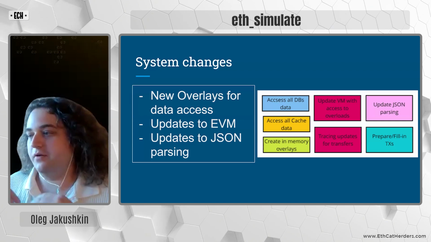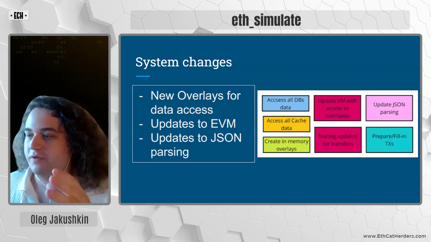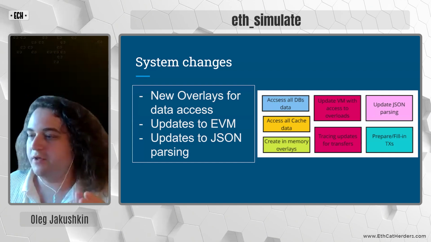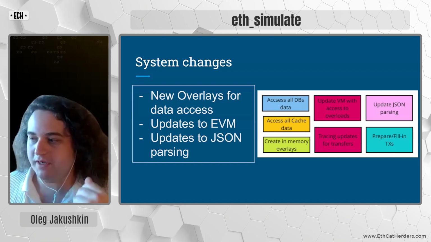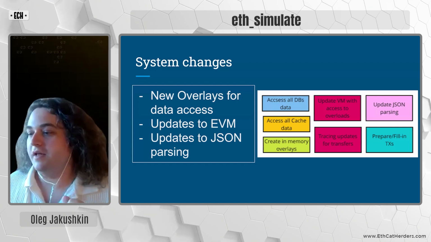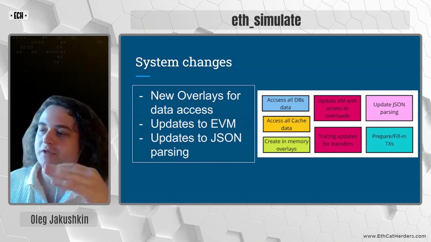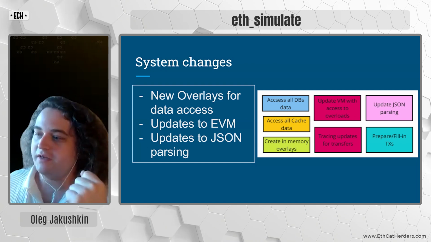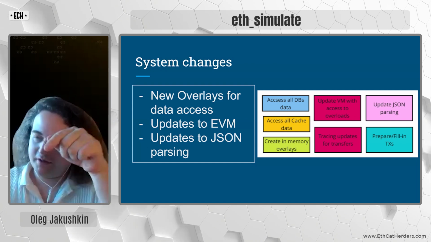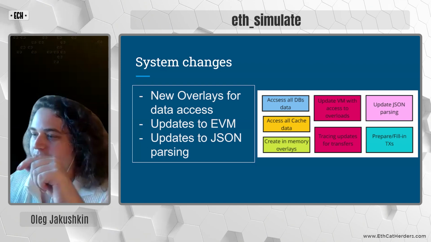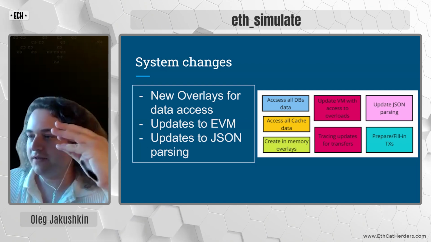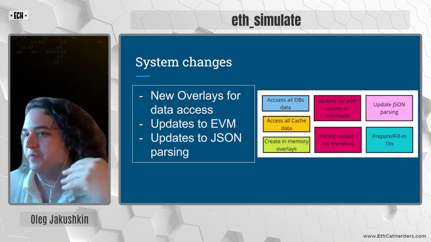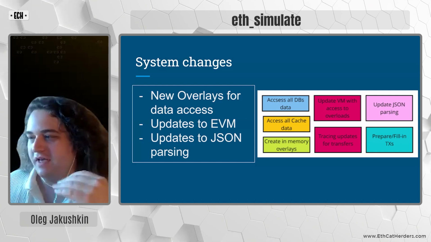So, for example, we had a lot of caching, a lot of blocks that were appearing only in RAM before they would be actually committed, and we also needed to take them into account. And on top of that, we needed to create overlays that would allow us to read all the data and actually allow writing from the transactions and from the block data onto those overlay layers, so that the original real data won't be touched, won't be affected in any way.